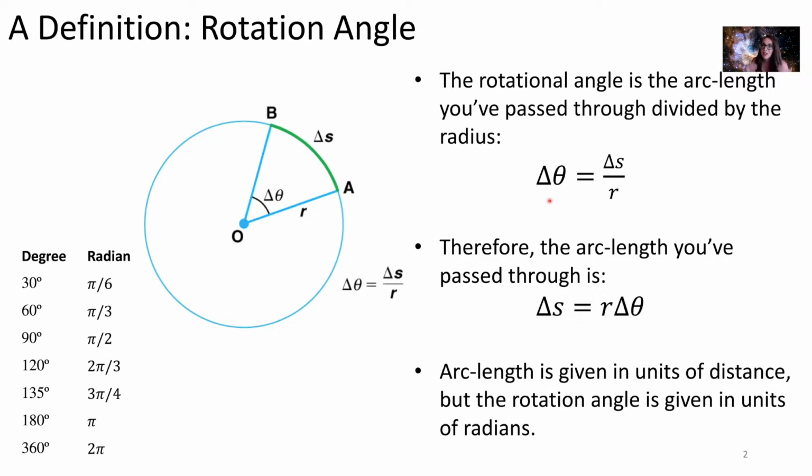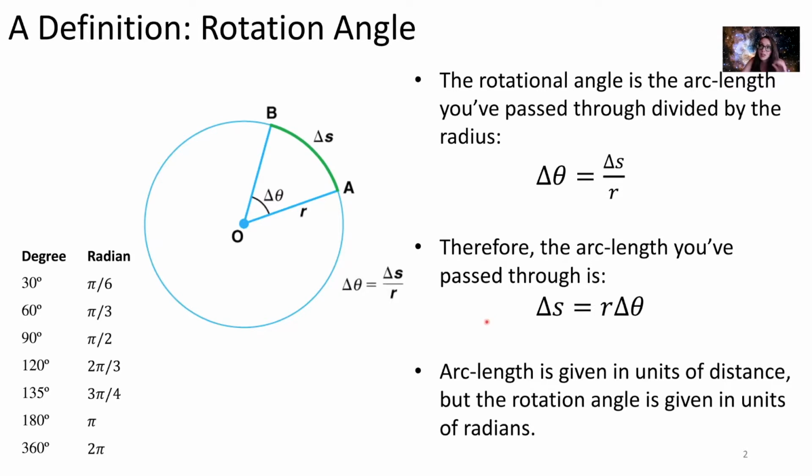The arc length, the distance along the edge of the circle that you pass through, is equal to the radius of the circle times the angle that you traversed during your path from A to B.